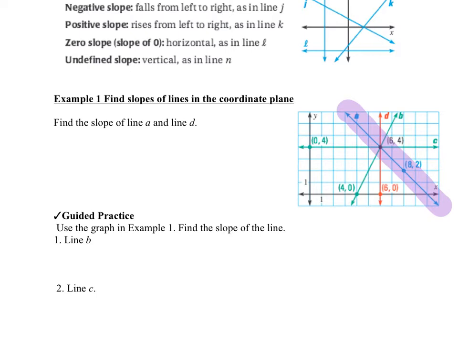So the symbol for line slope is M. And I'm just going to put a little subscript A. And if I say x1, y1, x2, y2 for those two coordinates, it would be y2 minus y1, 2 minus 4, over 8 minus 6.